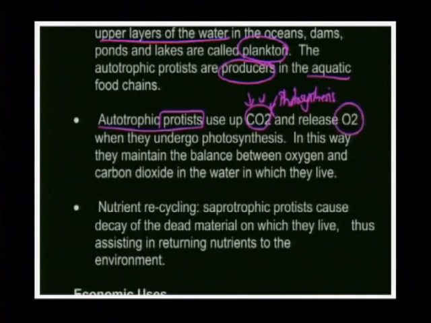And as a byproduct of photosynthesis, our autotrophic protistans are releasing oxygen. This is a very, very important process. By means of their photosynthesizing, autotrophic protistans are playing a very important role in keeping our oxygen and carbon dioxide levels balanced. Effectively, they are providing oxygen for us.